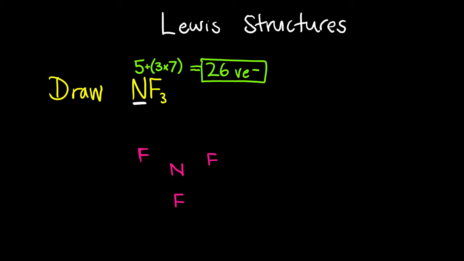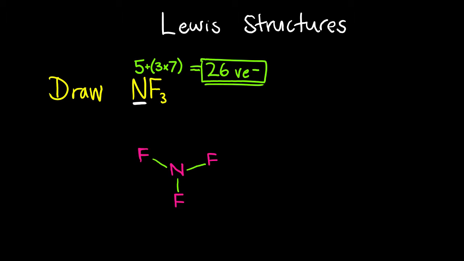The first step is to think about what you have in your bank, this is your electron bank, and then bond everything just once. What that means is connect your inside atom to the outside atoms, such as this. Don't bond your outside atoms to each other.